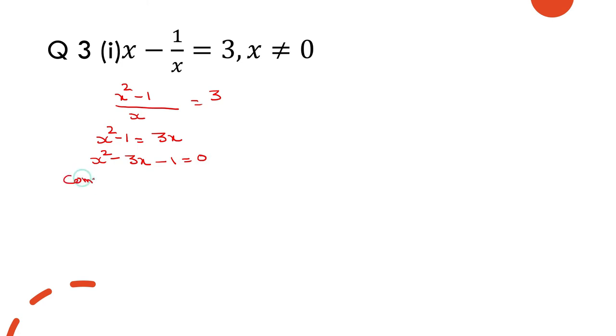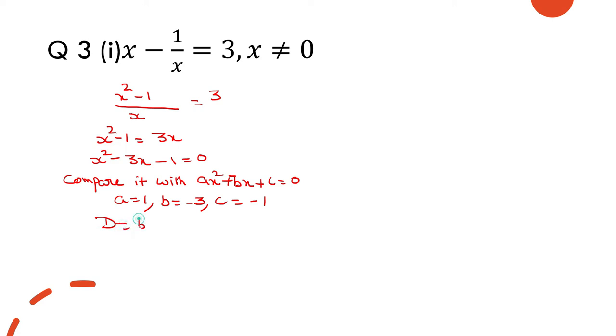Next step will be to compare it with ax square plus bx plus c is equal to 0. Here a is 1, b is minus 3 and c is minus 1. Now find a discriminant. D will be b square minus 4ac. That means minus 3 square minus 4 into 1 into minus 1.